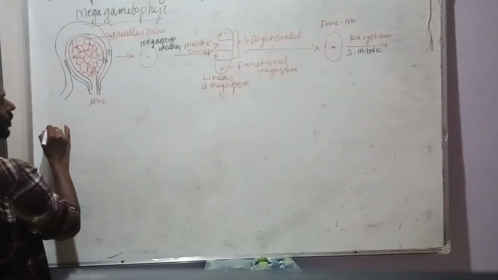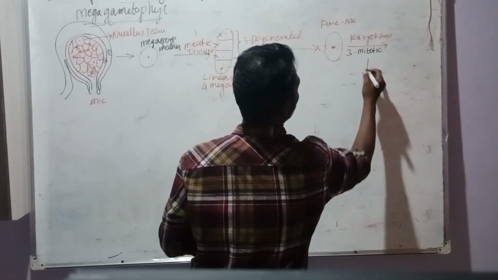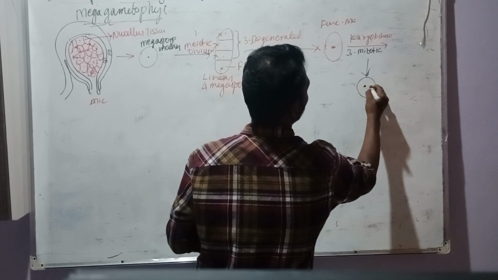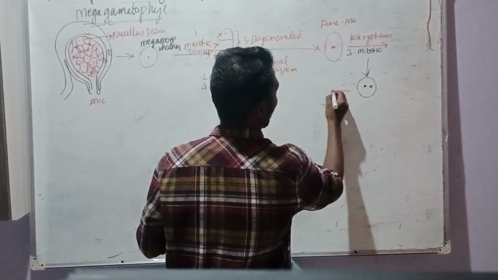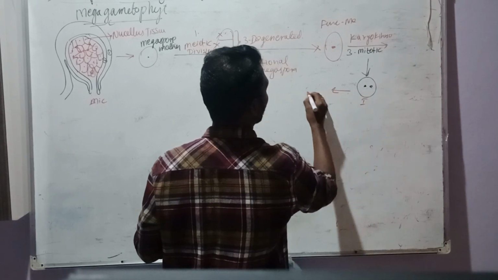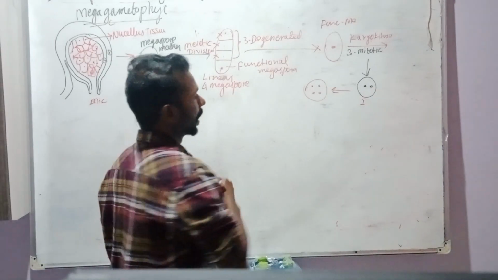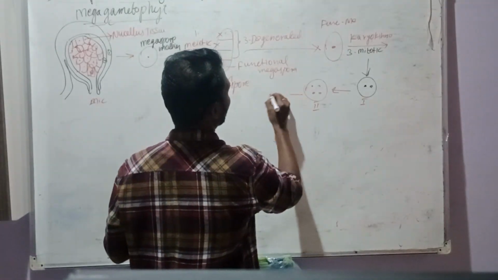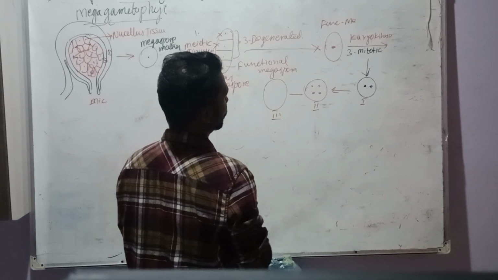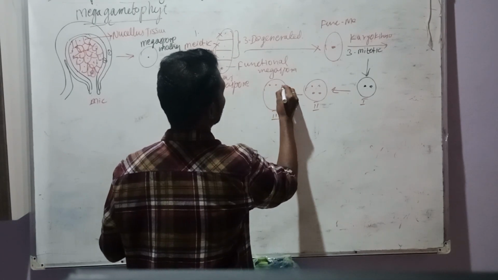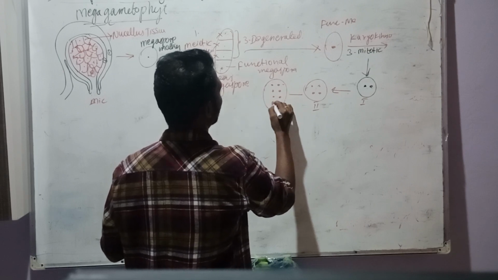The first mitotic division synthesizes 2 nuclei, the second mitotic division synthesizes 4 nuclei, and the third mitotic division synthesizes 8 nuclei: 1, 2, 3, 4, 5, 6, 7, 8.